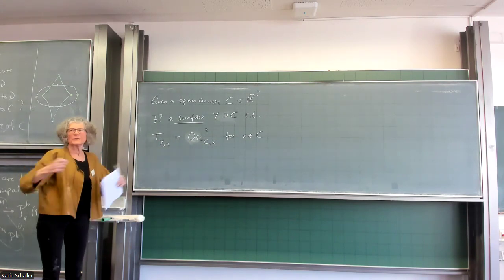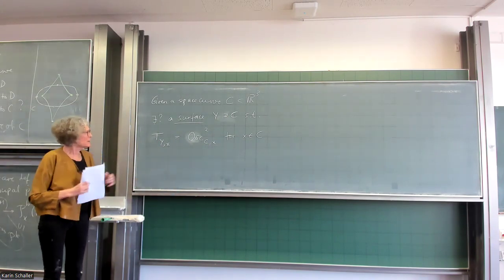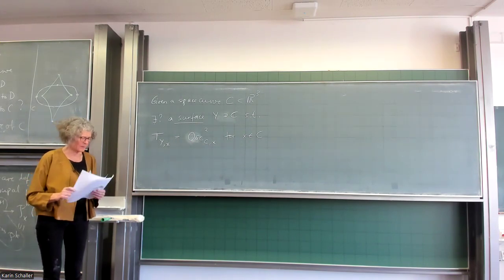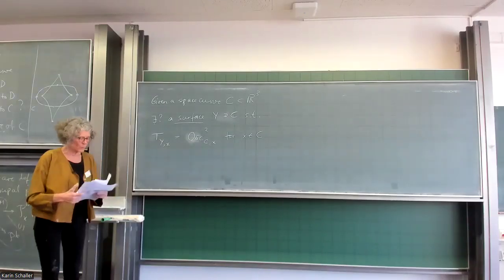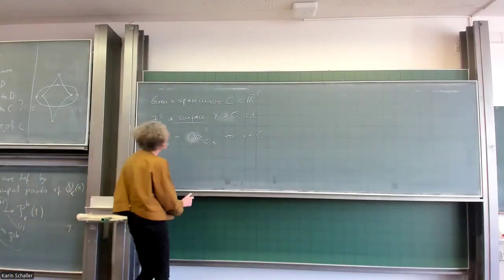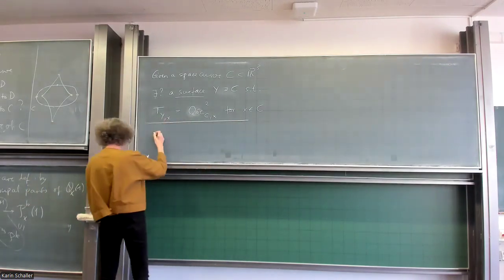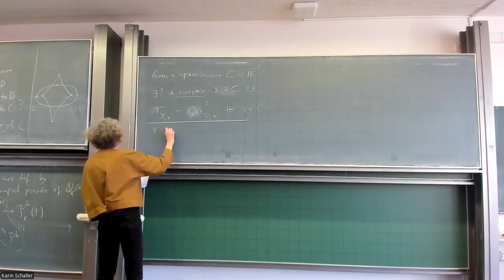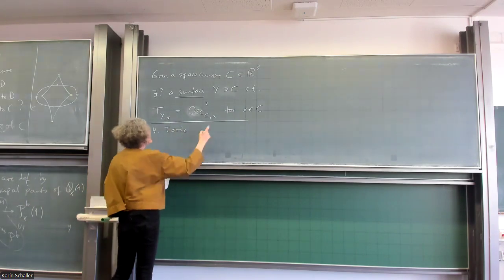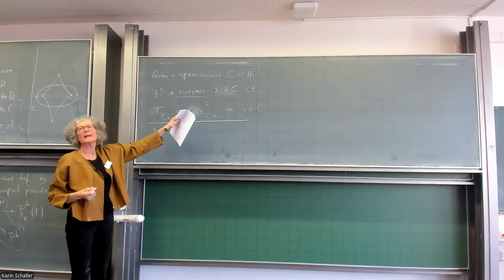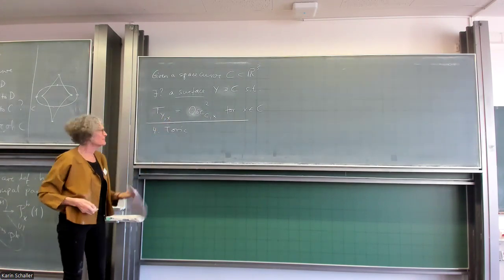Only along C, we don't know what happens elsewhere, of course. And this is now what I'm going to continue with. So, what are the Toric? So you could say that Y is an interpolant, the second interpolant of C.